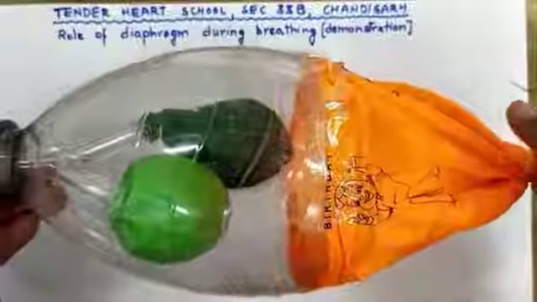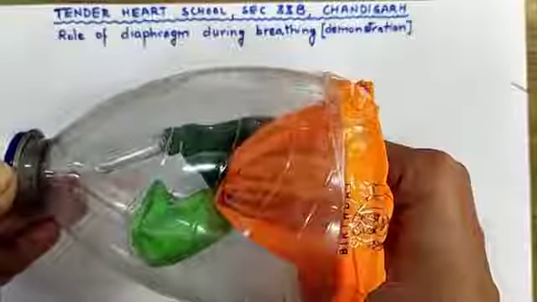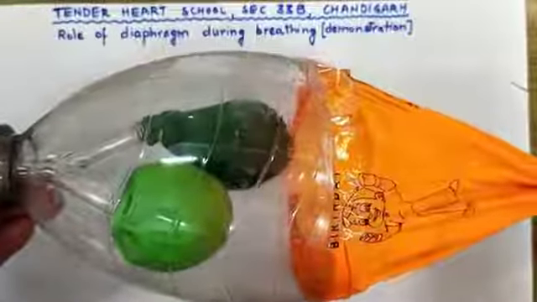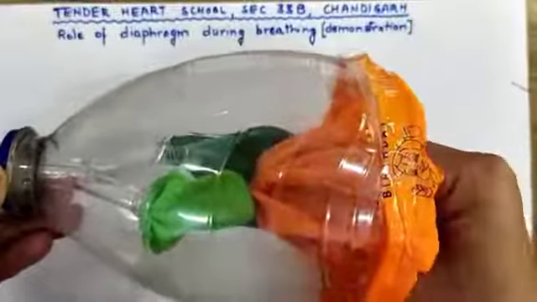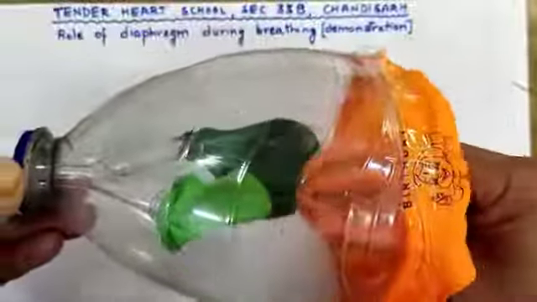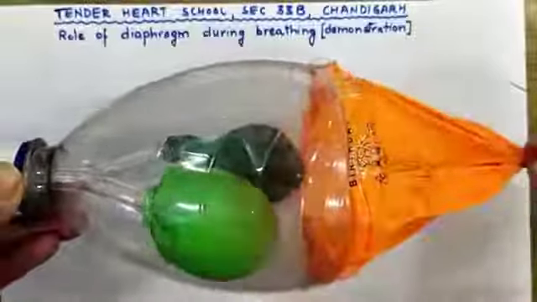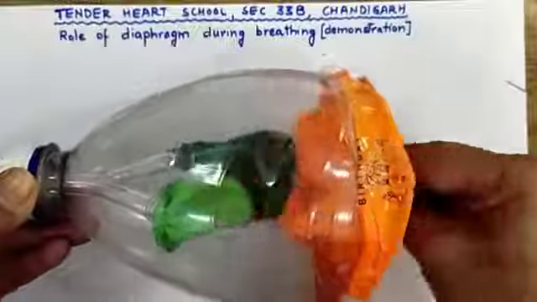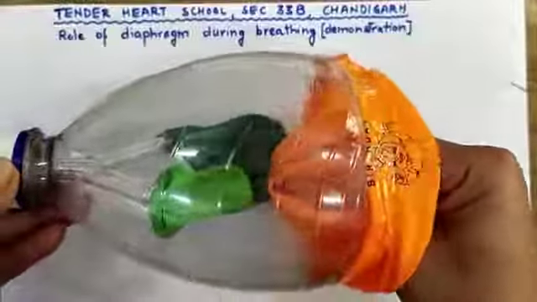So this diaphragm, when it is dome shaped, the lungs are deflated. When we bring them out, when the diaphragm is stretched, the lungs are inflated. You can see it very clearly.